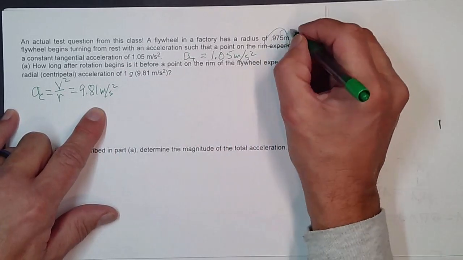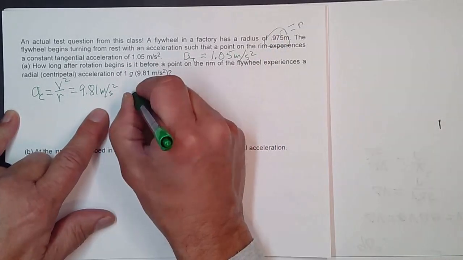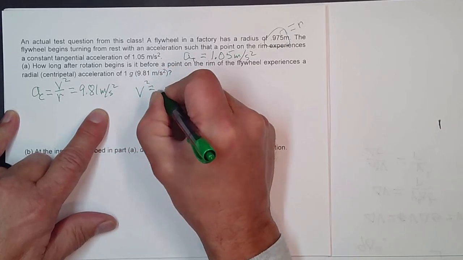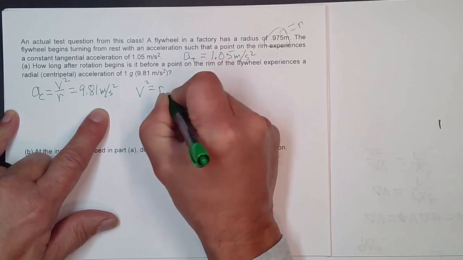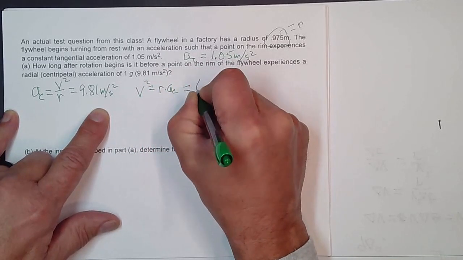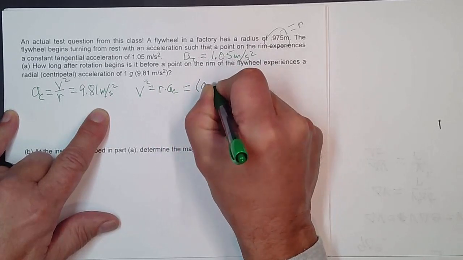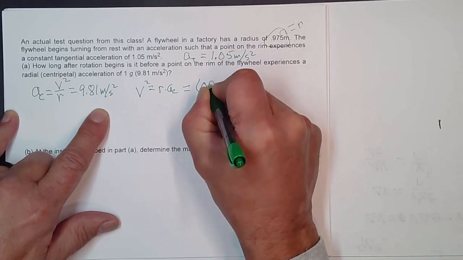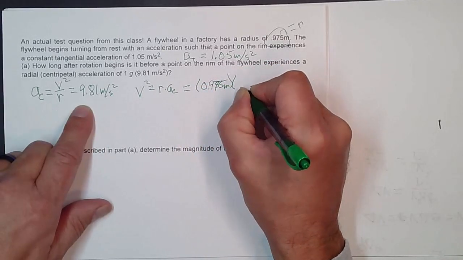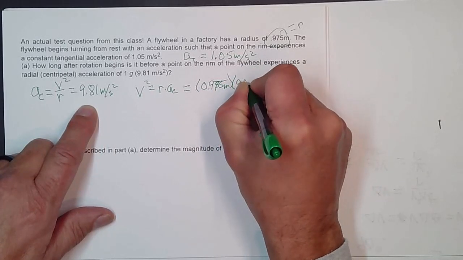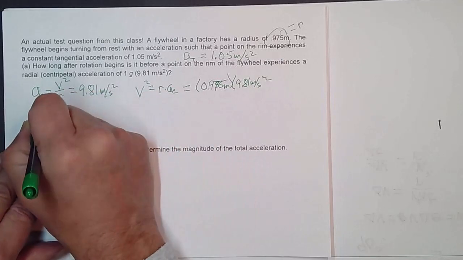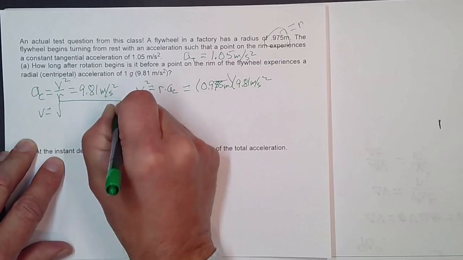I know the radius of this thing, and so I could say that v squared, I'll do it in 2 steps, is going to equal the radius times the centripetal acceleration, which in this case is 0.975 meters times this value of the centripetal acceleration, or v will equal the square root of that thing.